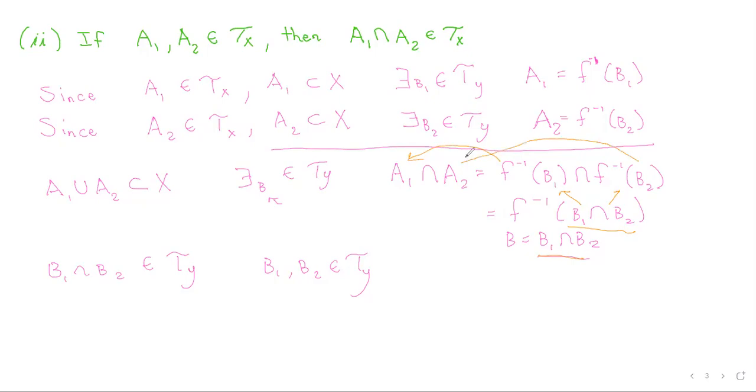So we now have that the intersection is a subset of X. So then the intersection is in tau X because they exist in the topology and the intersection also exists in the topology.